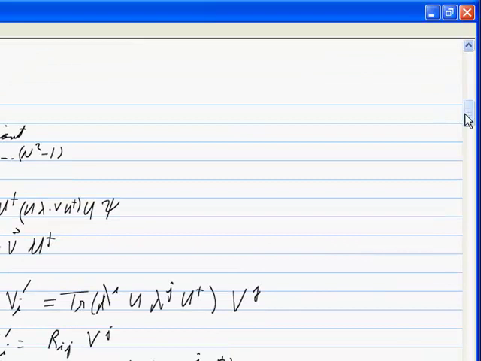And the names of these go as the generic name. ψ is the fundamental representation of SU(N). So it's n components, and V_i is the adjoint.